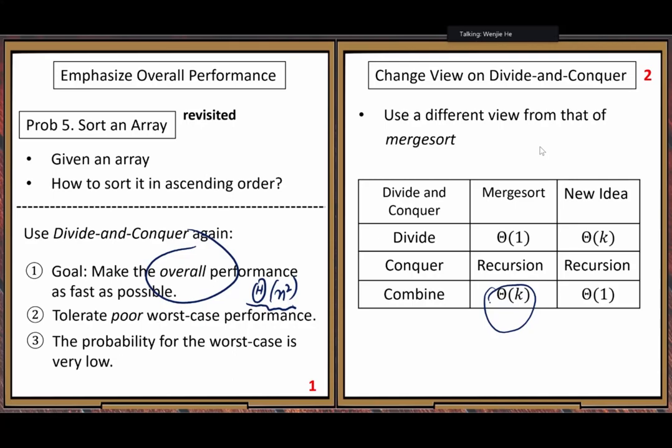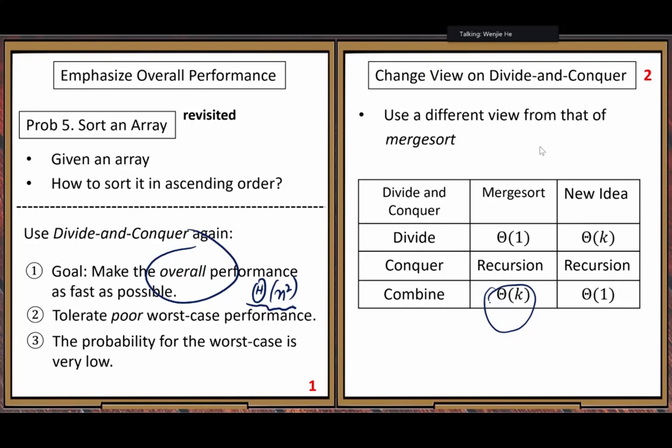But for the Quicksort, we need a completely different idea. In order to get something different, we have to make our main steps different. So here are the main steps.